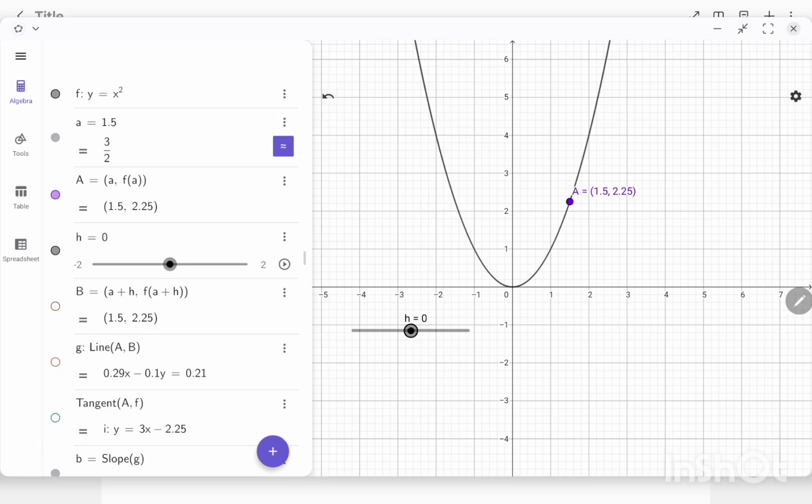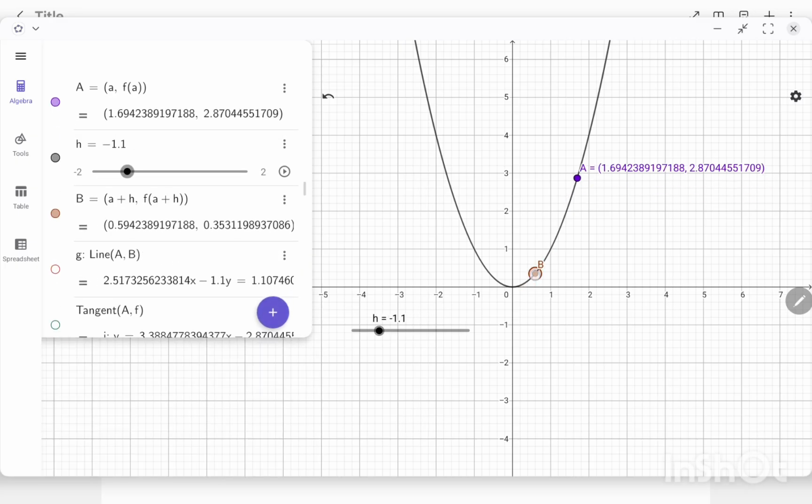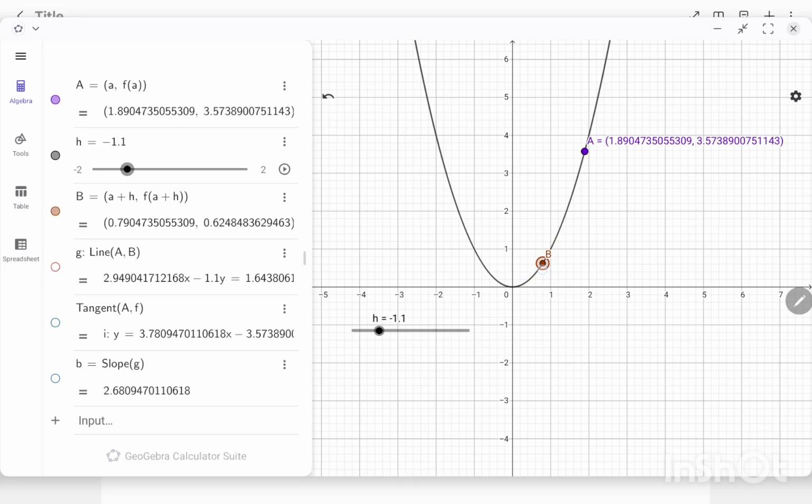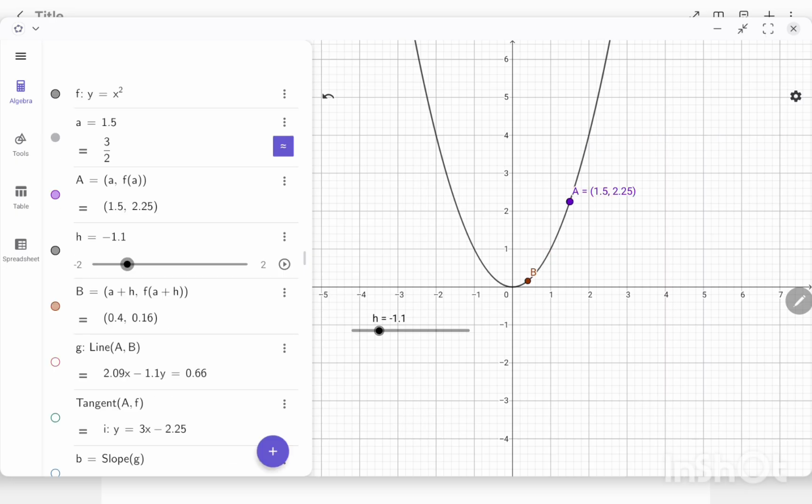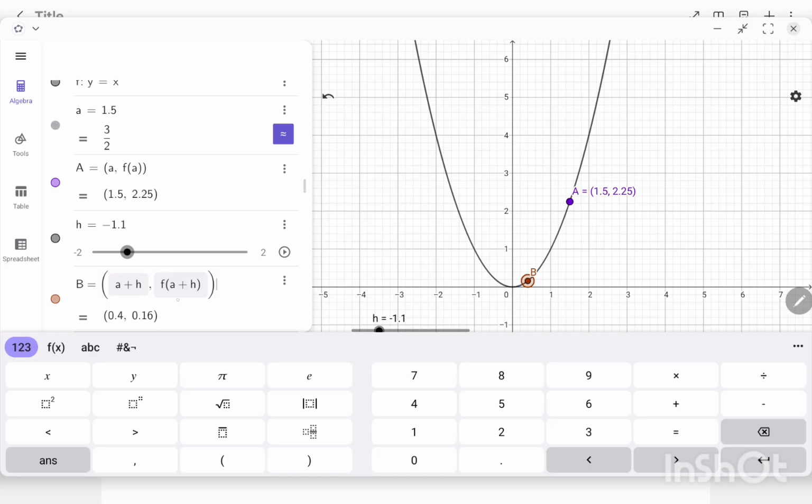Now let me take a dependent point B anywhere here. Suppose B is defined as a plus h comma f of a plus h.